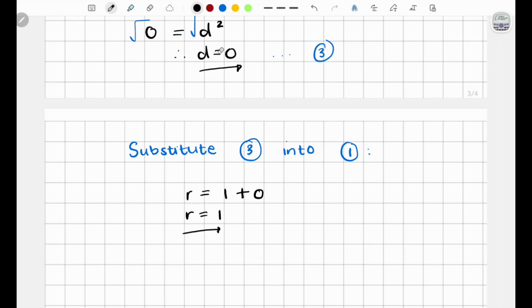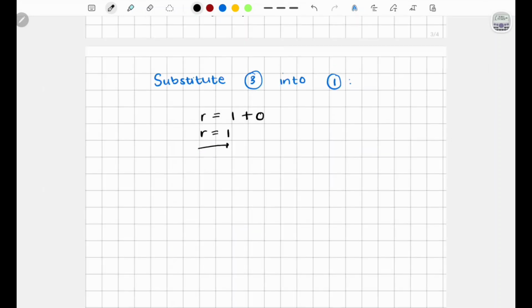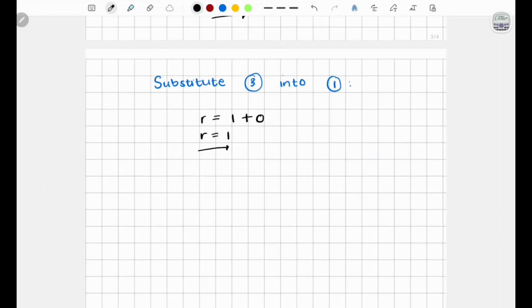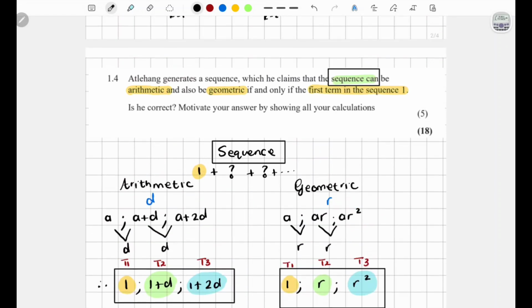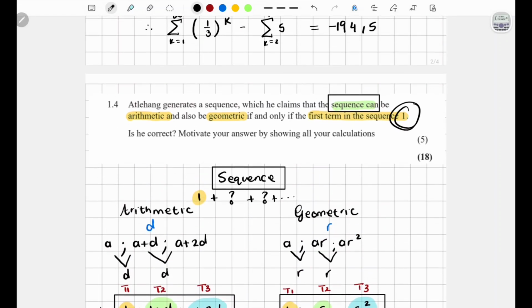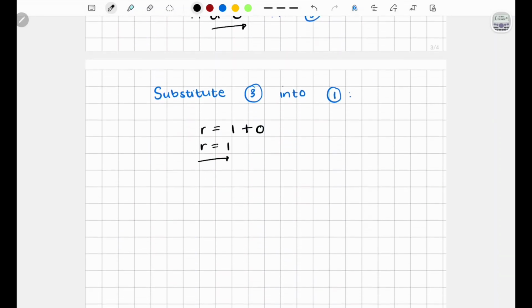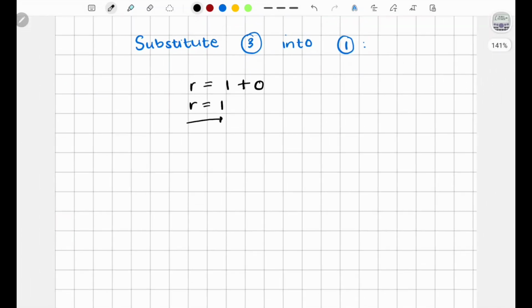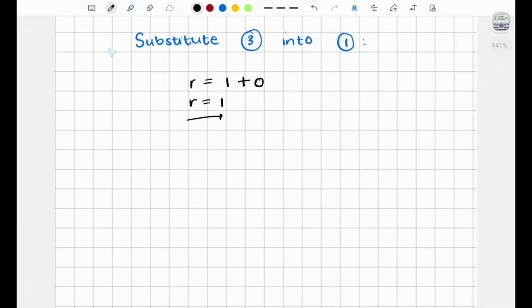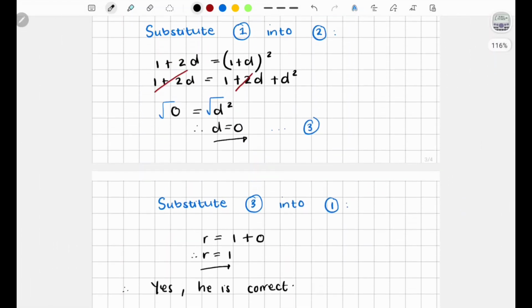We have a value of d, a common difference, and a constant ratio as well. So this just means that the sequence actually does exist as long as the first term is 1. So we can claim that yes, he is correct, that it can actually happen. Therefore he is correct.